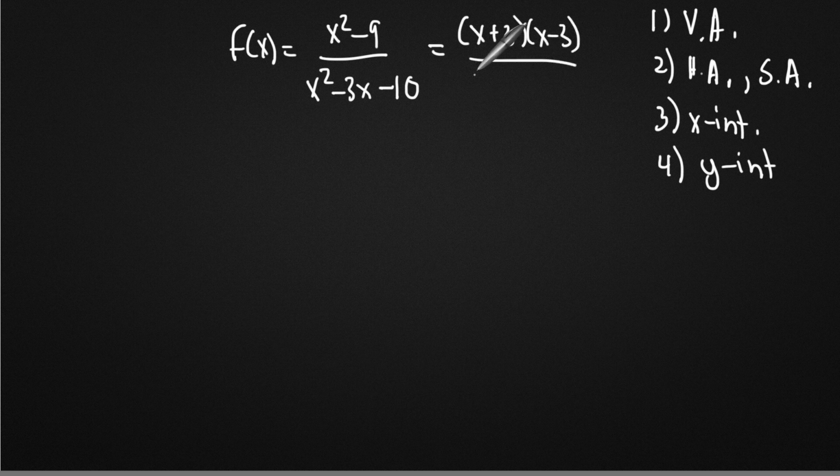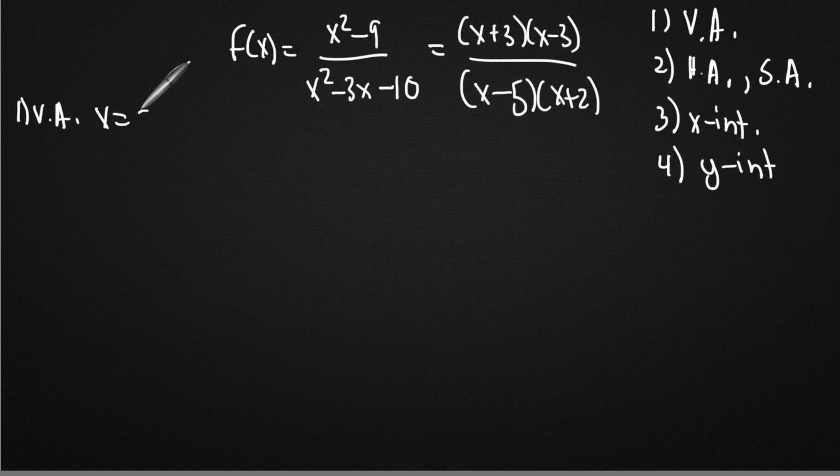The bottom is going to factor into x minus 5 and x plus 2. Once again, the vertical asymptotes are going to be the numbers that make the bottom 0. So number 1, our vertical asymptotes are going to be x equals 5 and x equals negative 2. So let's go ahead and put those on our graph.